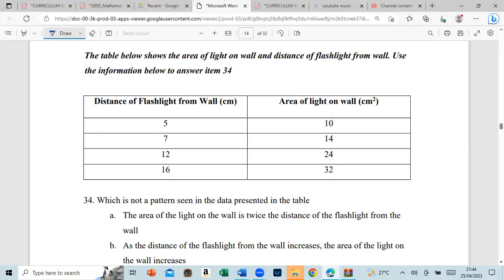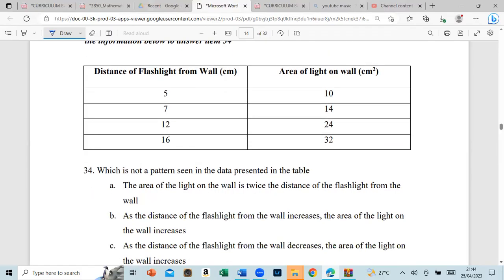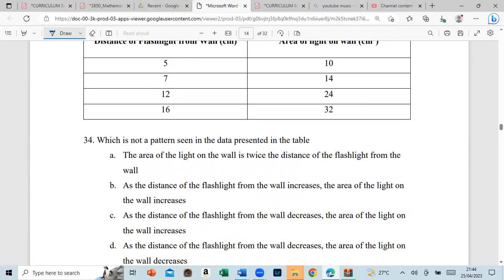A, the area of the light on the wall is twice the distance. B, as the distance of the light from the wall increases, the area of the light on the wall increases. That is true. C says as the distance of the flashlight from the wall decreases, the area of the light on the wall increases. So that would be C.